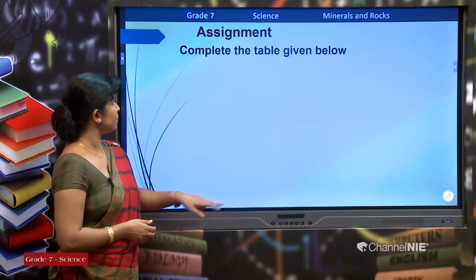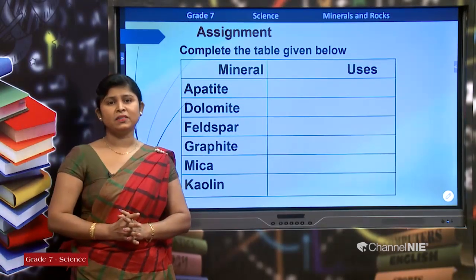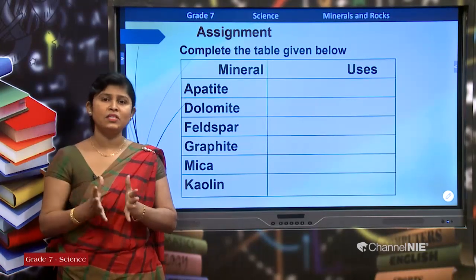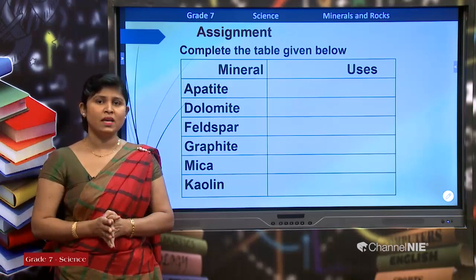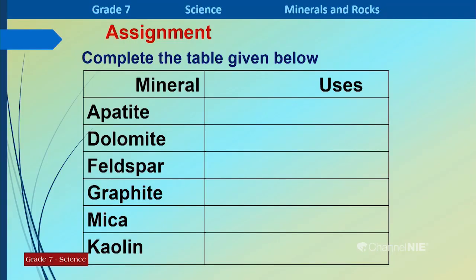Right. My dear children, I would like to give you an assignment to do at home, right? These days you have much time to engage in your assignments. So, copy the table and you can get the help of your textbook to complete the table, right? The table has two columns in it, the mineral and the uses of the minerals.